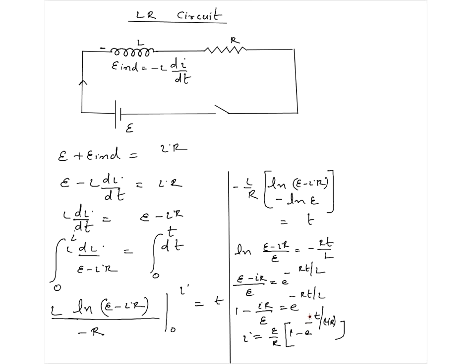What happens after a long time? E by R becomes constant, remains at E by R. You can remove inductor, it is of no use. Induction idea is basically whenever there is change. Even Faraday's law, if you think about coil and a magnet experiment, if magnet is fully inside the coil, what happens?